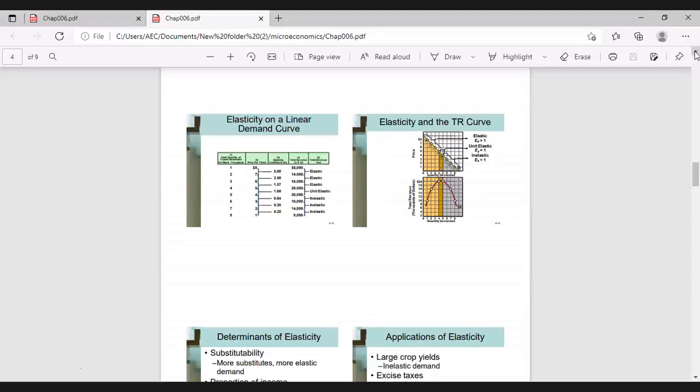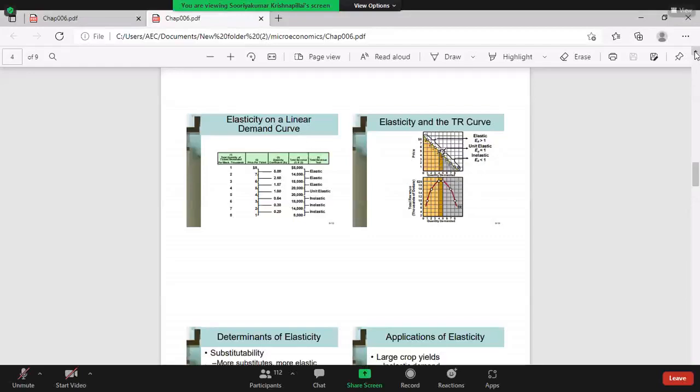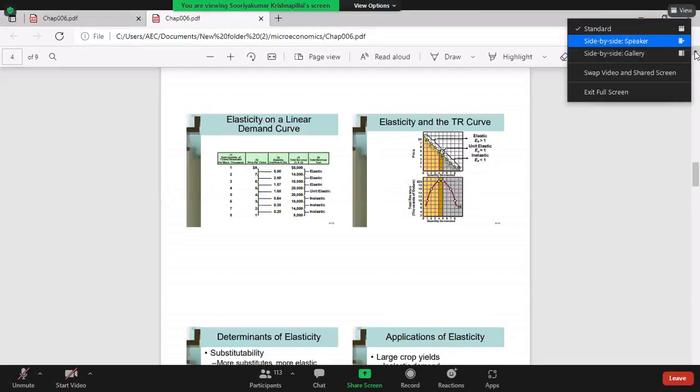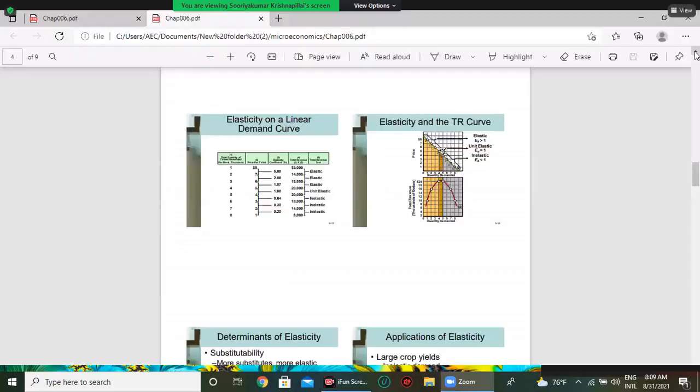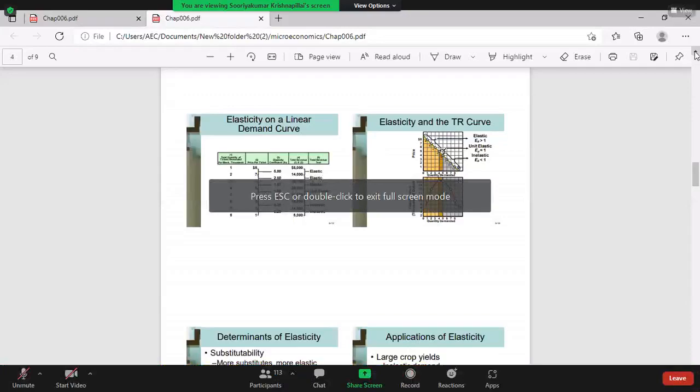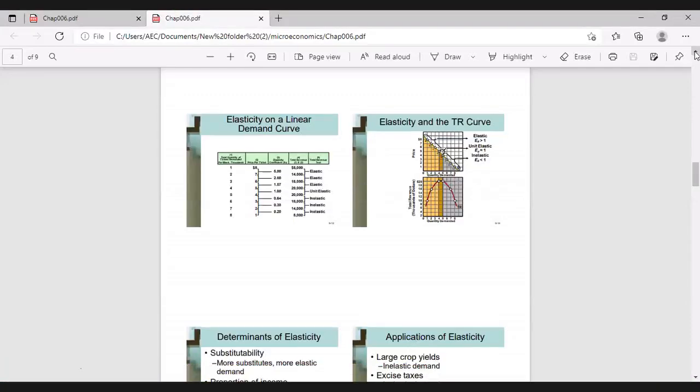For a $1 change, 1 rupee change, the percentage change in the price will be low, because the change is 1 rupee but it is divided by the higher price. But at that higher price, the quantity is low.